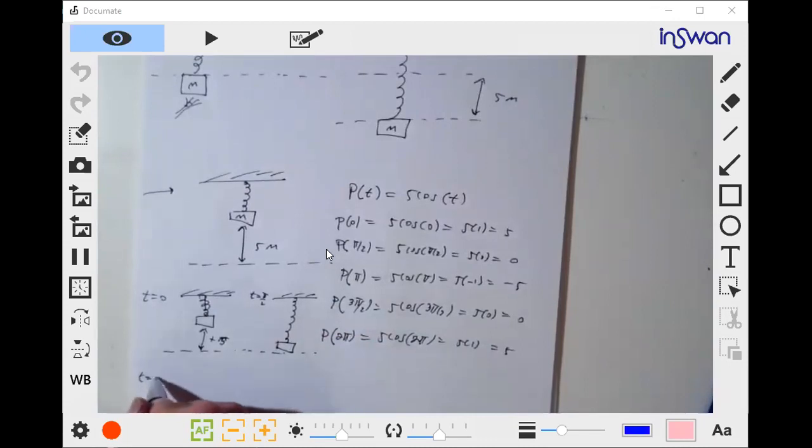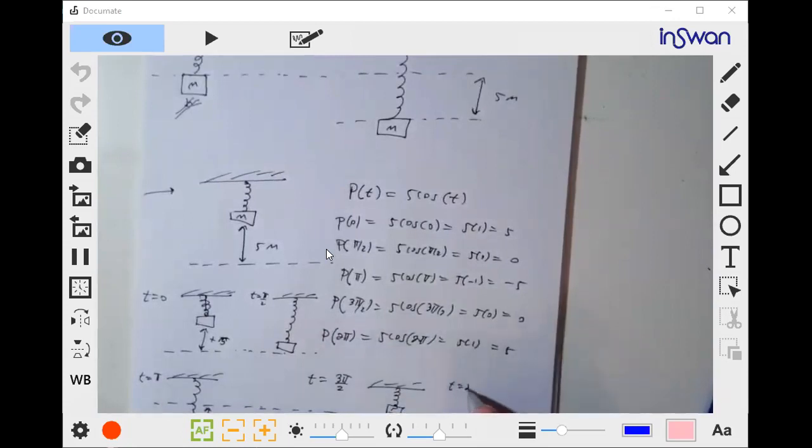Then at t equals pi, it's dipped 5 meters below that original value. And at t equals 3 pi over 2, it goes back to the original value.